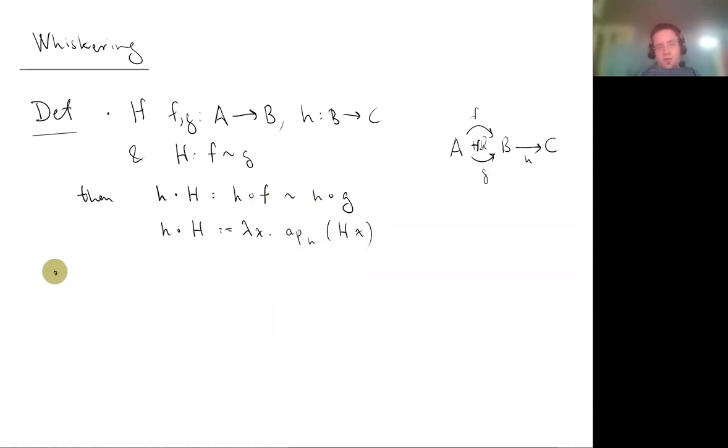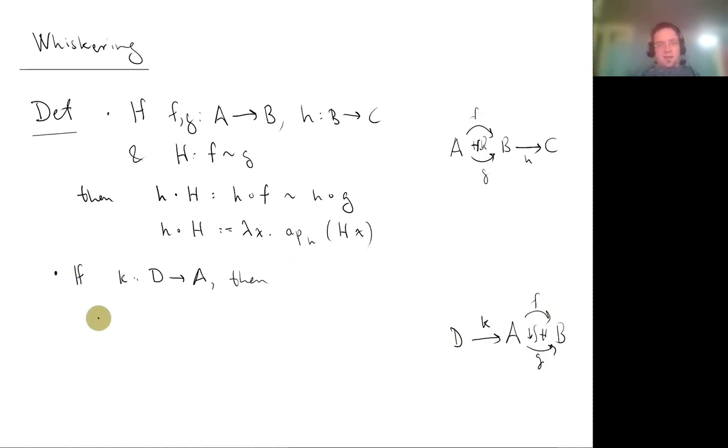But of course, you could also do it on the other side. So if k is a function from B to A, then, and now the picture is I have A, B. I again have the same homotopy H here, which goes in this direction, f to g.